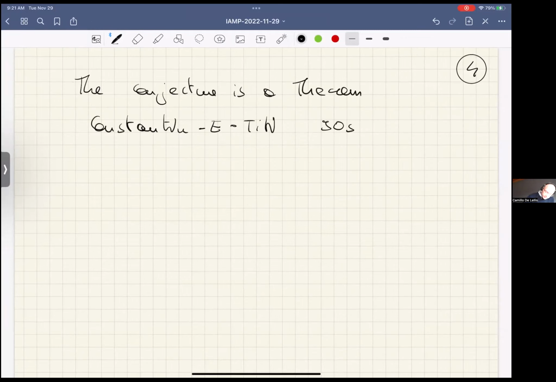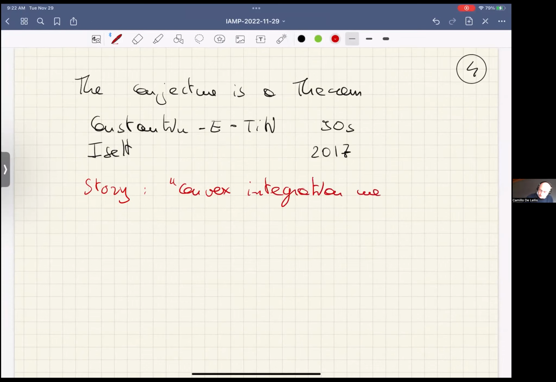And the negative part was proved much more recently by Isett in 2017. And there is a whole story. And this whole story goes through what are called convex integration methods to produce irregular solutions of the Euler equations.